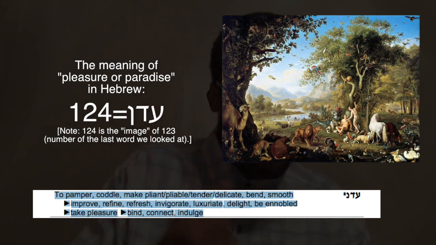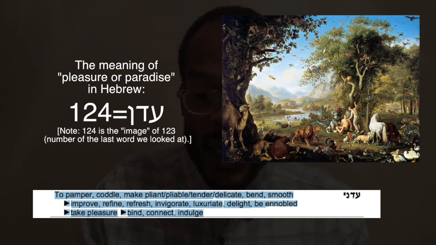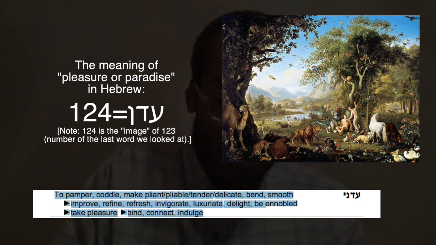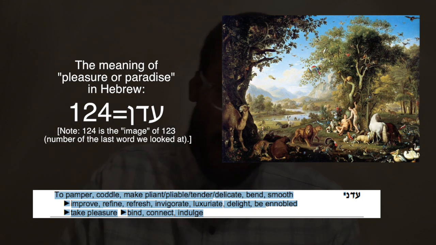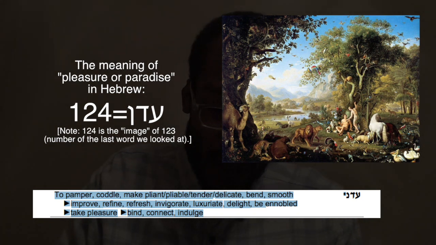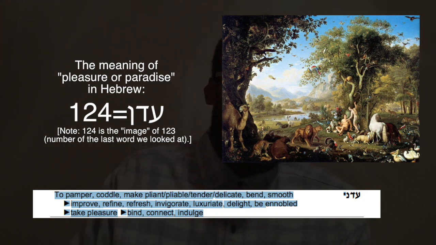Right, Eden, Aden, which equals 124, the word of the Garden of Eden, meaning to pamper, coddle, make pliant, pliable, tender, delicate, bend, smooth, improve, refine, refresh, invigorate, luxuriate, delight, be ennobled, take pleasure, bind, connect, or indulge.